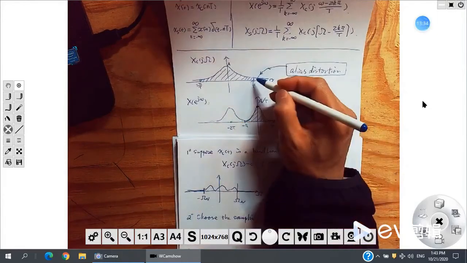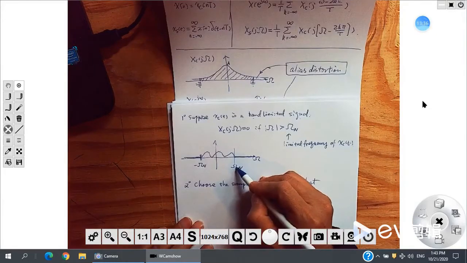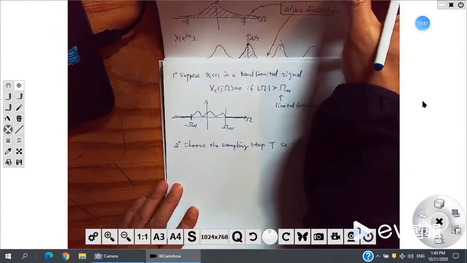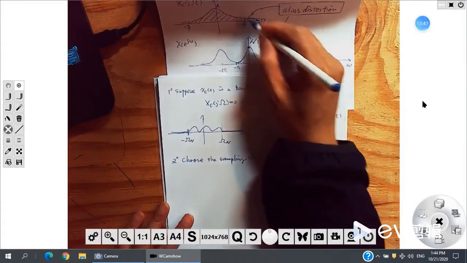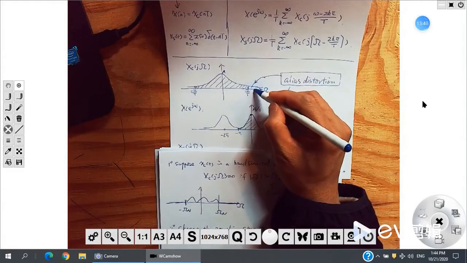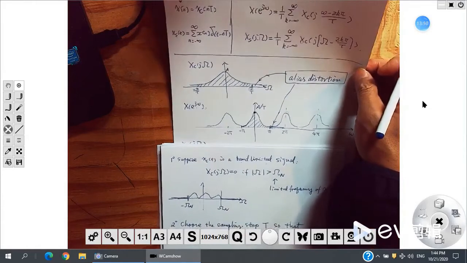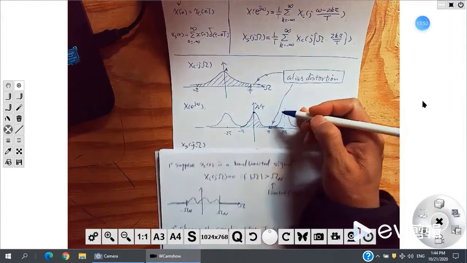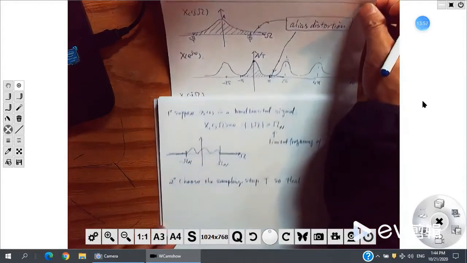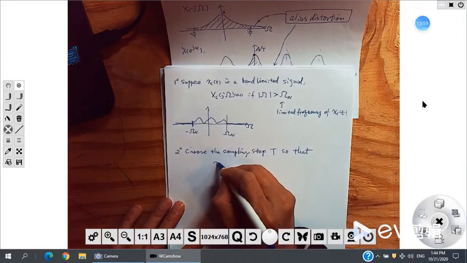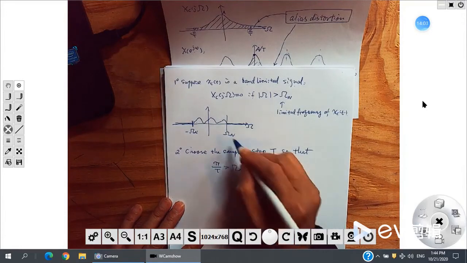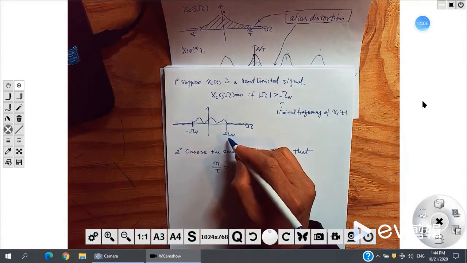So we want this omega n inside here. By that way we will not have this part, this part is just 0. So we can choose capital T so that pi over T will be larger than that omega n. Omega n is here. So we want pi over T to be larger.